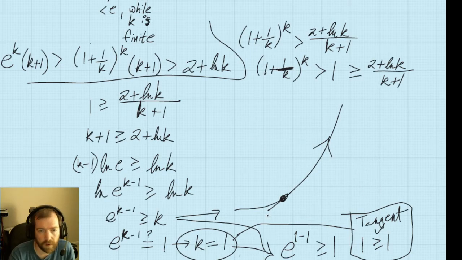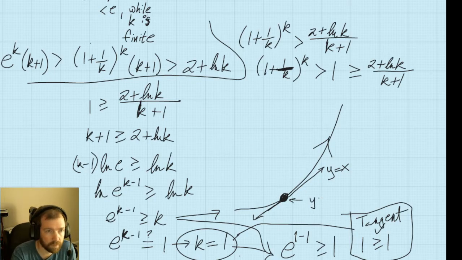So y equals x looks like this. They intersect here at this particular point, 1, 1.